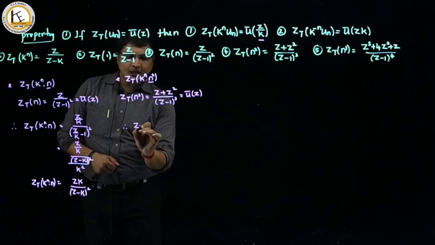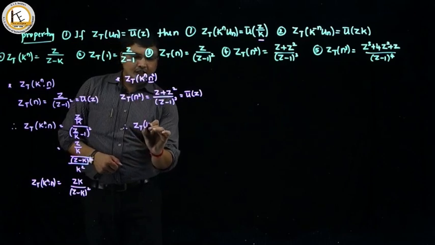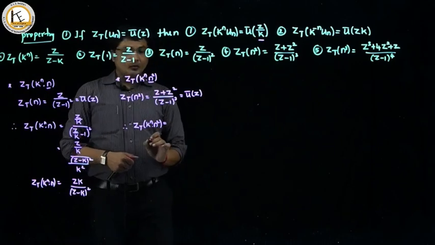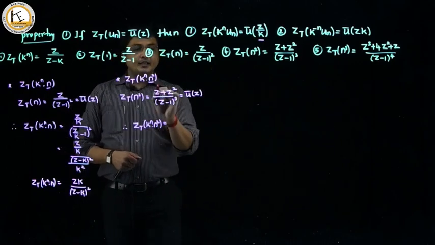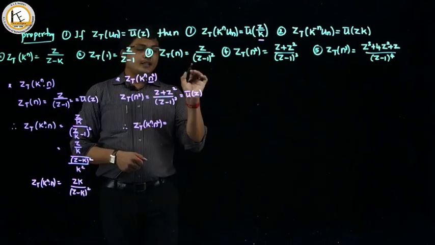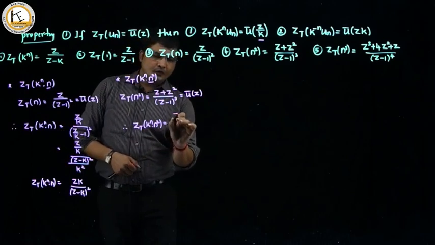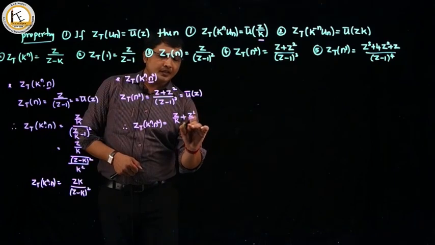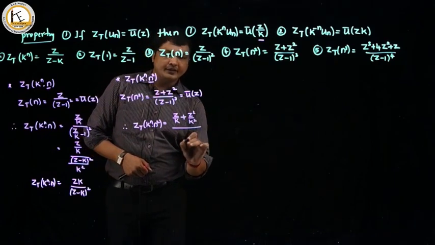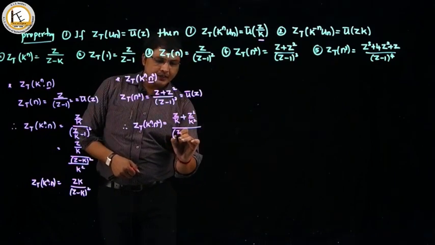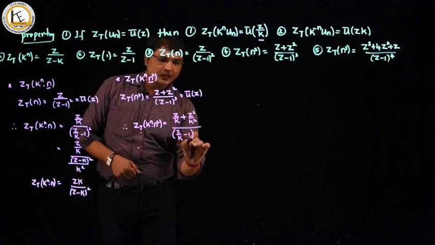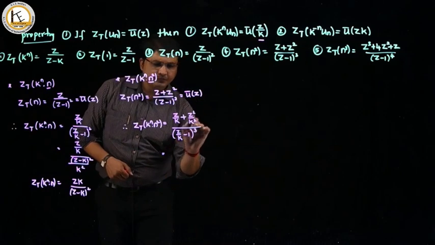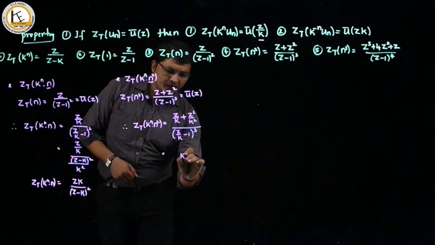Therefore, the Z transform of k raised to n into n square will be obtained just by replacing Z as Z by k. So we have here (Z by k plus Z square by k square) whole divided by (Z by k minus 1) the whole cube. Now simplifying it further, the LCM is k square.